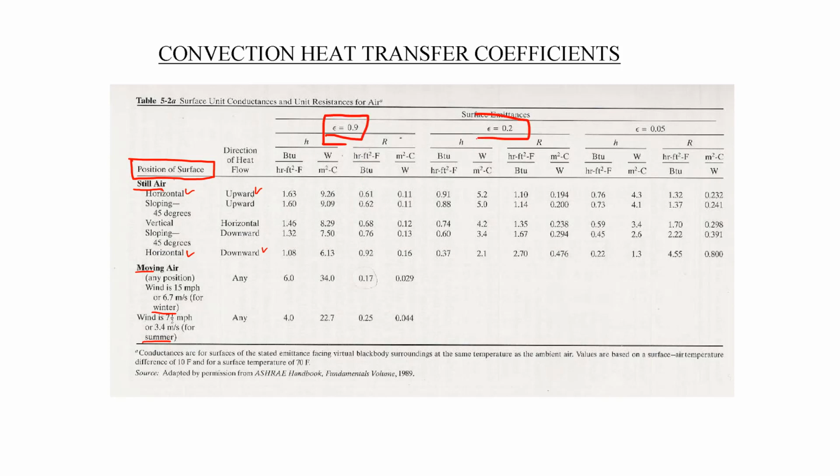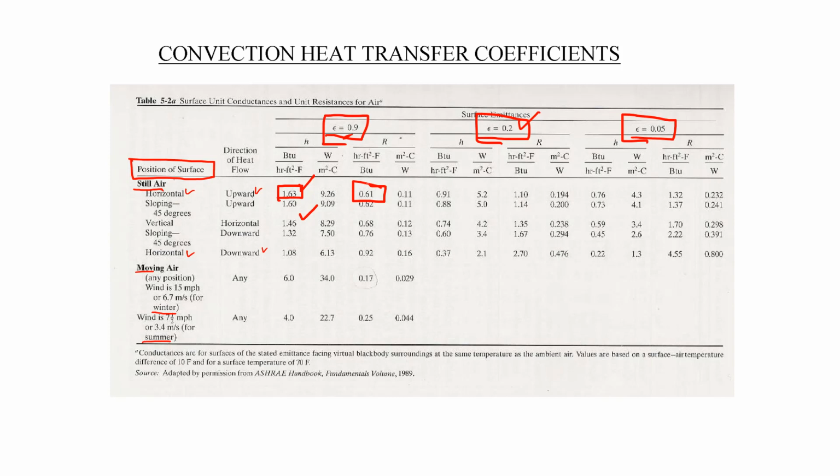So this emittance value of the surface has an effect probably on the color, and the color has an effect on the emittance is what I meant to say, and the emittance has an effect on the convective heat transfer coefficient. So as long as you have the emittance for the surface, you can go to this column and you can figure out what the heat transfer coefficient is based on the surface orientation, whether it's still air or moving air, and you can get the heat transfer coefficient and also the thermal resistance.